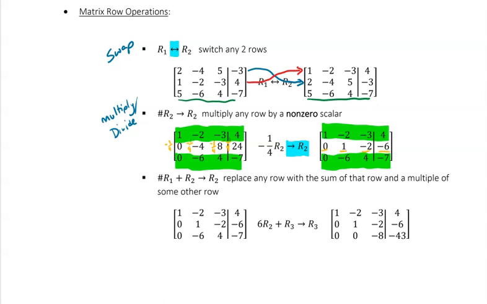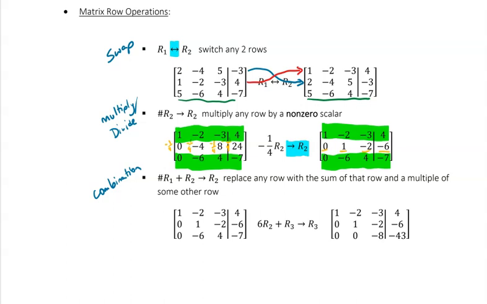All right, third one. The third one I like to call combination, just because you can combine two rows together by multiplying a row by some non-zero scalar again, and then adding it to another row. Right? So here's what I mean by that.